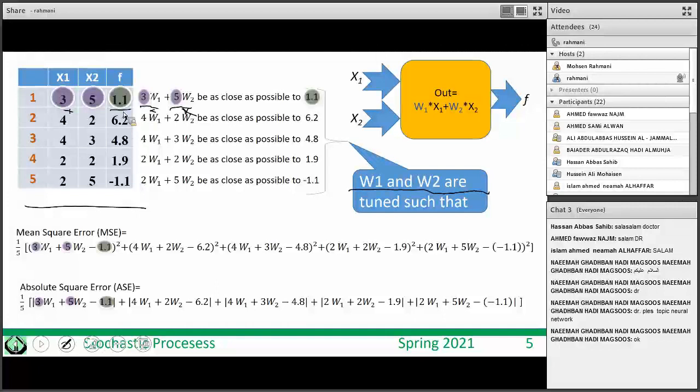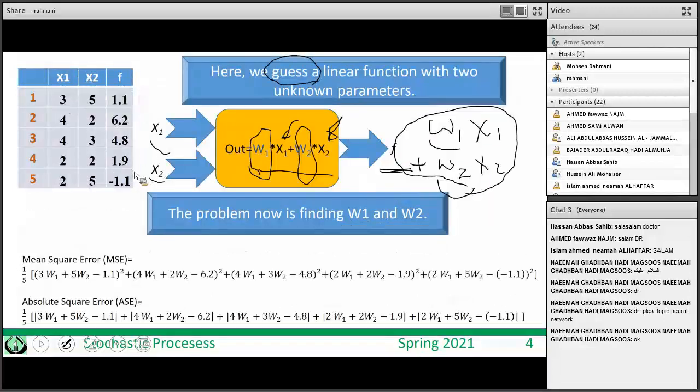We want to find w1 and w2 such that, for example, w1 multiplied by 2 plus w2 multiplied by 5 be as close as possible to minus 1.1. This is the problem that you want to solve. So let me repeat this again.